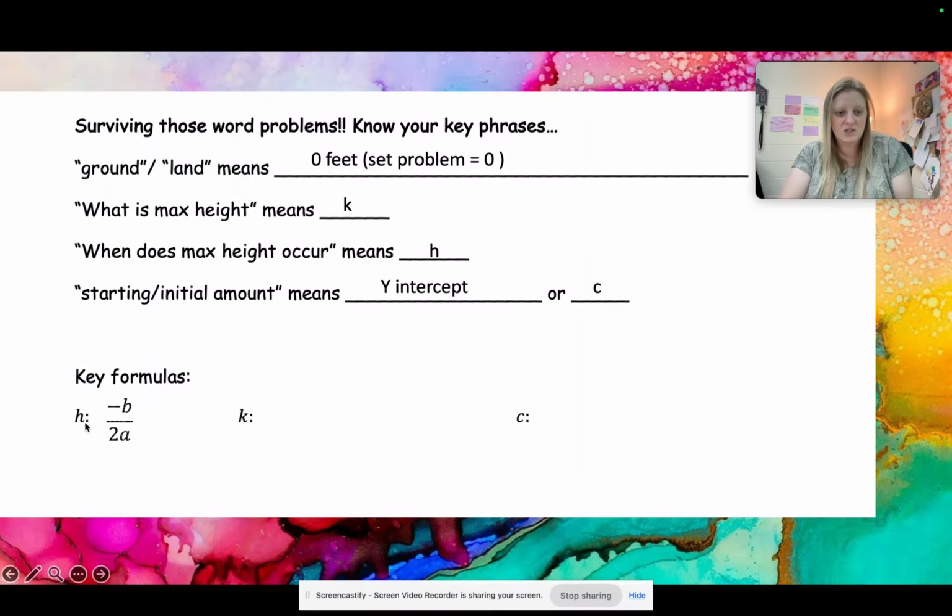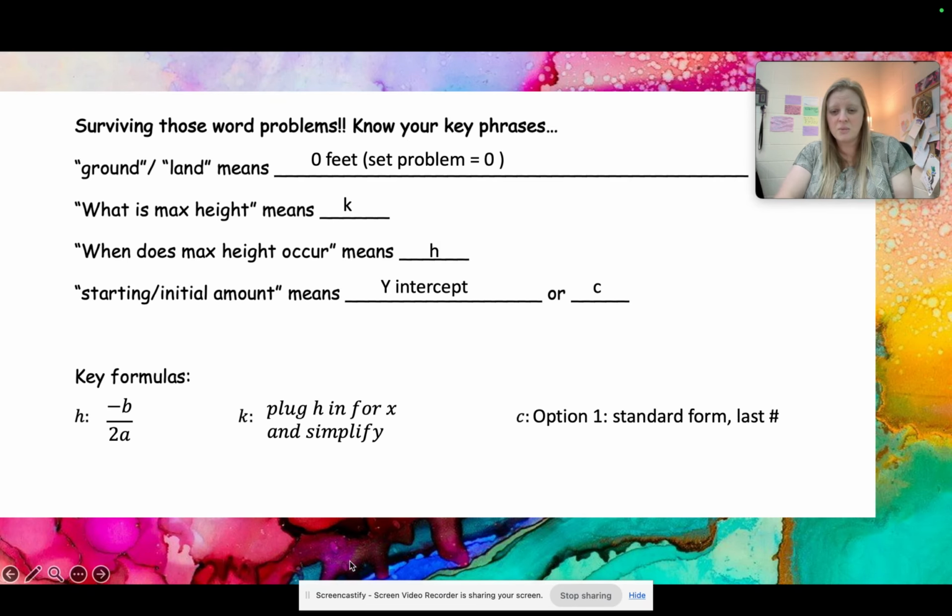So to get H, that's actually part of the quadratic formula. It's negative B all over 2A. It's the first and the last part of the song, just without the discriminant part. K is when you plug in H for X. So in order to get K, you would need to get H. And then there's 2 ways that we can get C. Most of your problems are in standard form already.